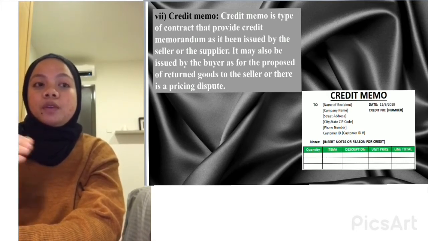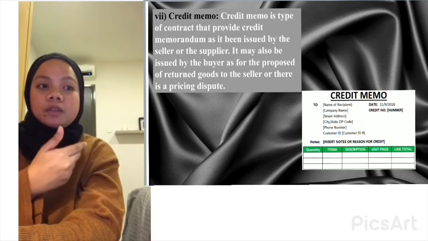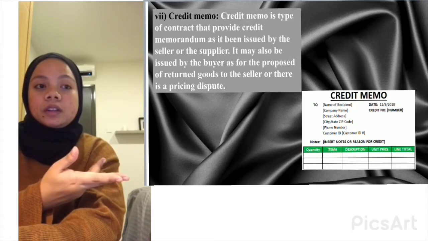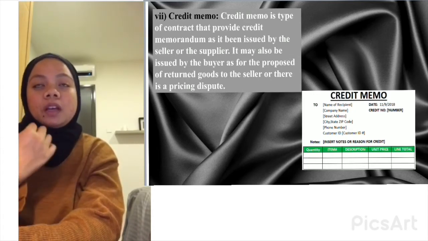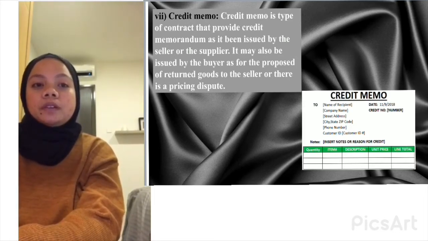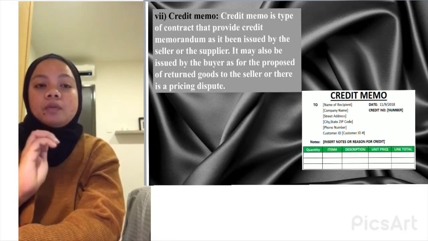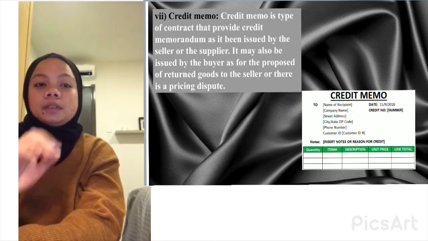Therefore, the buyer gives the credit memo to the supplier so that the supplier acknowledges that there is a pricing dispute between seller and buyer. So below is the example of the credit memo.